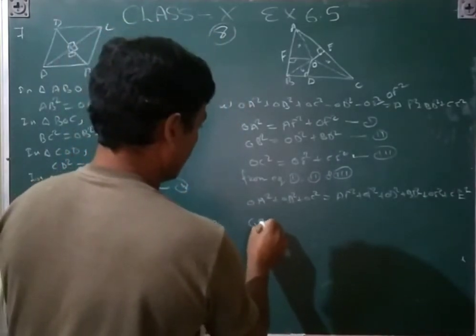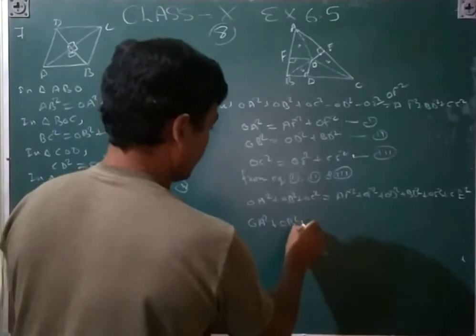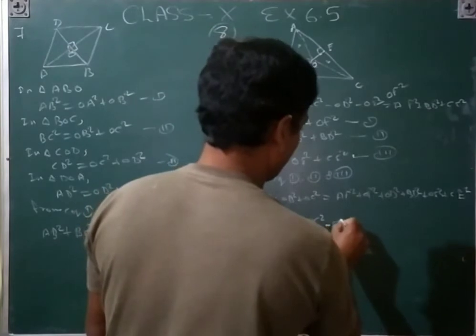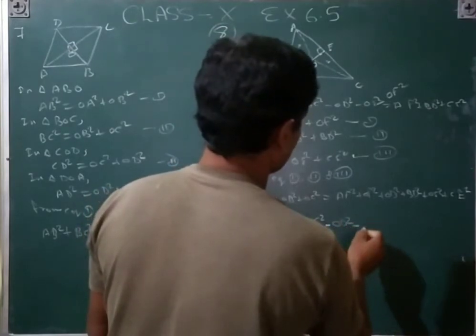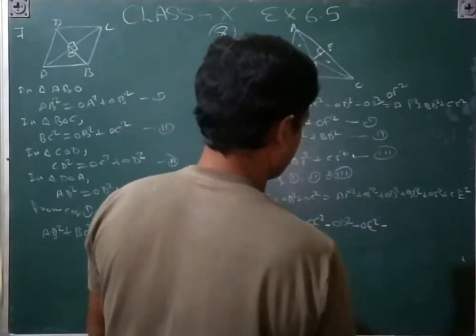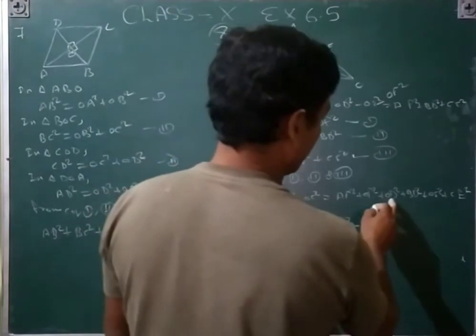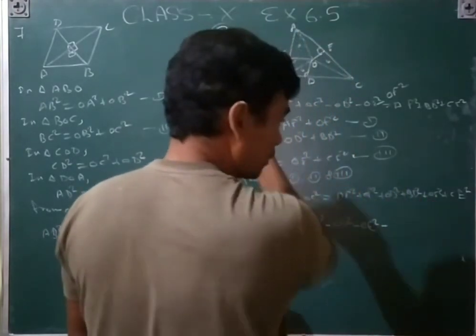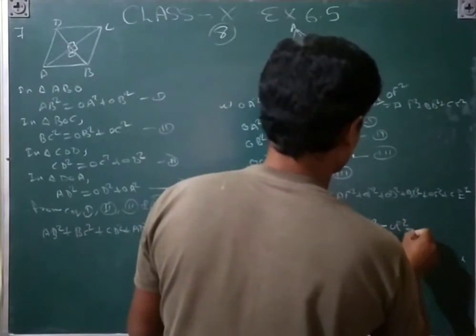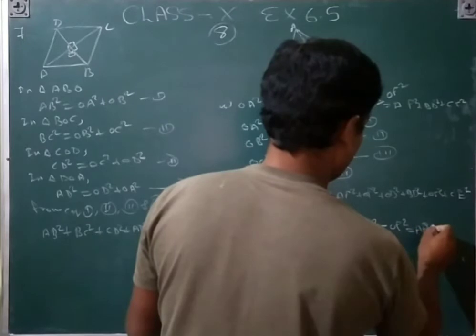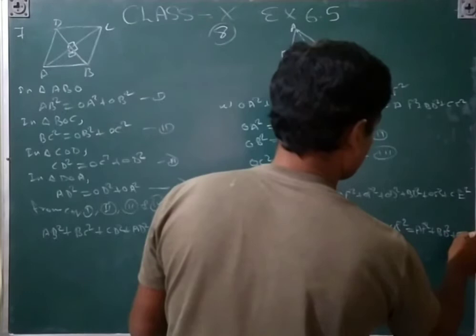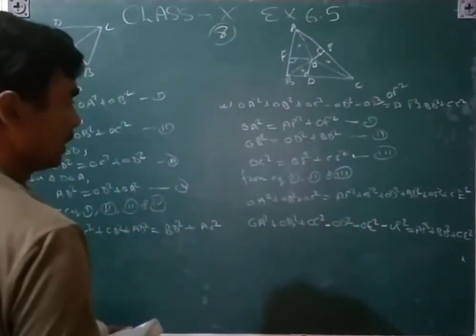So OA square plus OB square plus OC square minus OD square minus OE square minus OF square is equal to AF square plus BD square plus CE square. Proved.